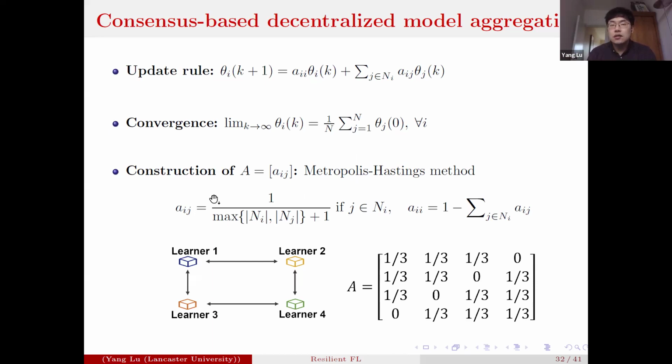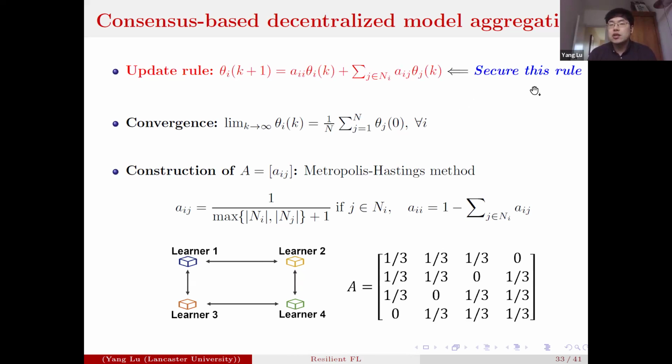This kind of weight update is also purely peer-to-peer and does not need network-wide information. For example, if you have this very simple structure for users here, by using this method, this is the corresponding matrix of a_ij. In this way, we achieve this peer-to-peer global model aggregation.